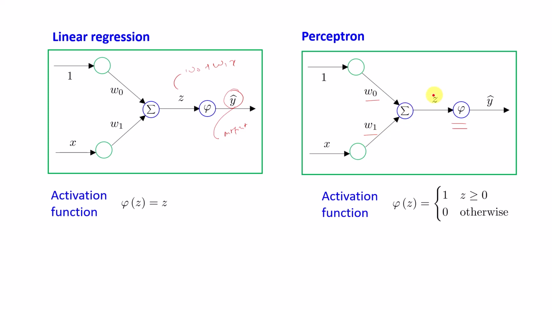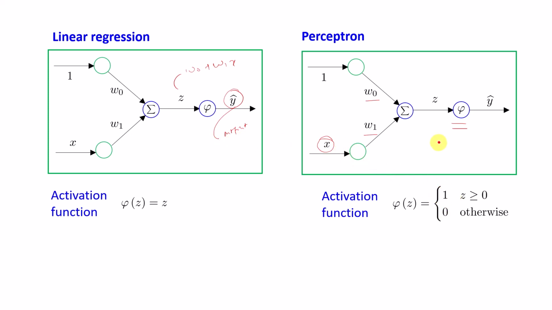We sum to get z, which is again w0 plus w1x. We pass it through the activation function, and depending upon the value of z, the activation function will give me either 1 or 0 and nothing else. So the data coming in, my x, which is a real number, will give an output of integer 1 or 0. That means I classify the data into one of these two groups, 1 and 0.